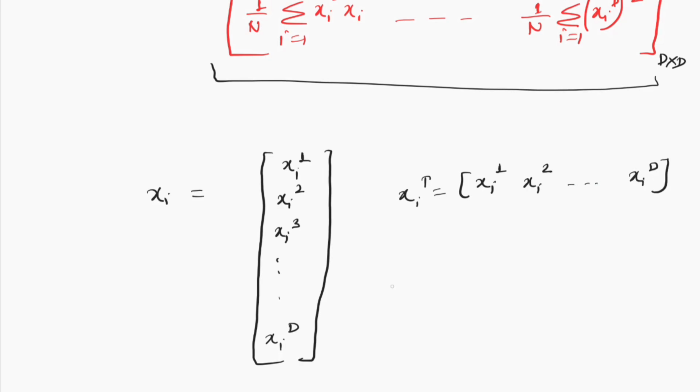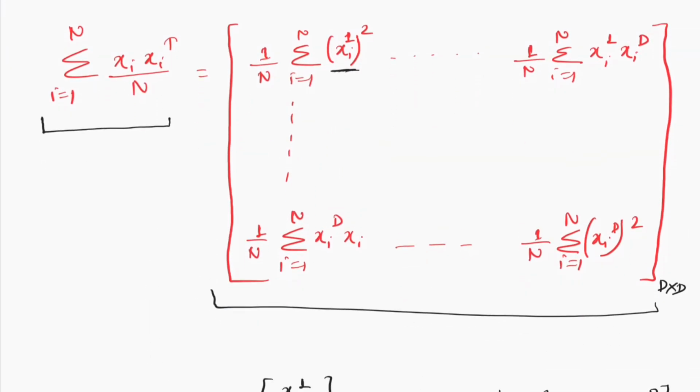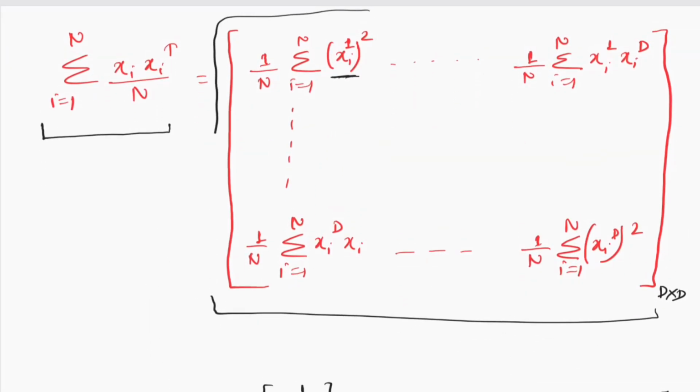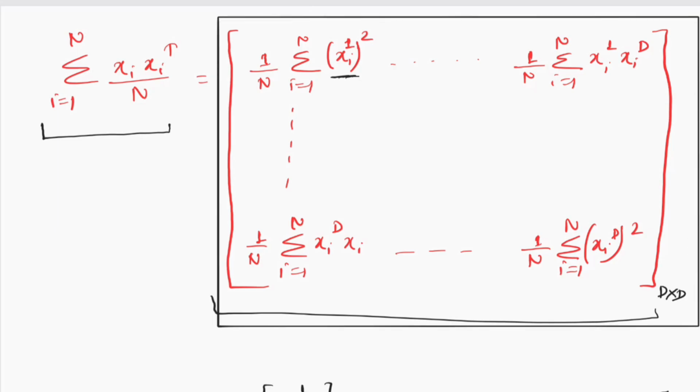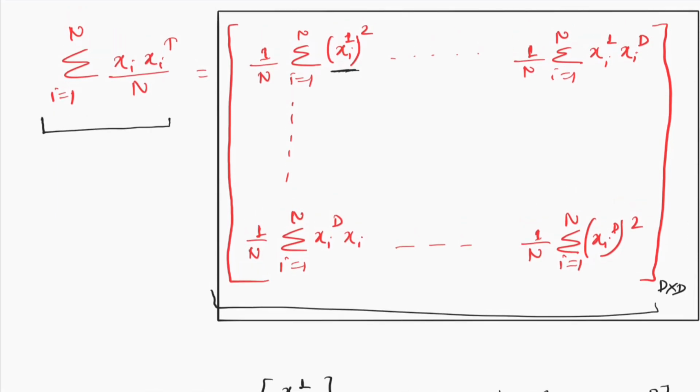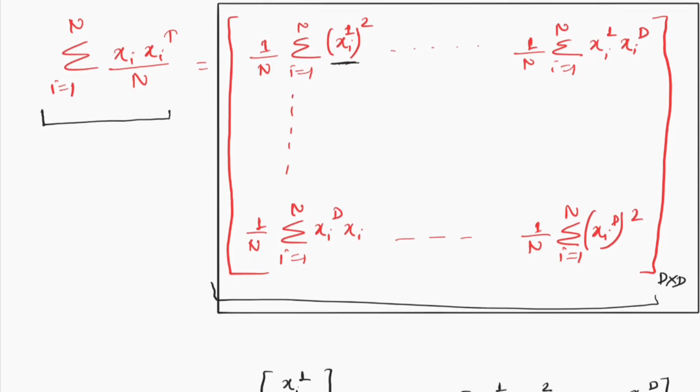When you do this xi dot xi transpose, this is what you get, a d cross d matrix, and we put the summation inside of this matrix. So this is how it goes. Now when you observe carefully, this is nothing but the covariance matrix. And how is it a covariance matrix?